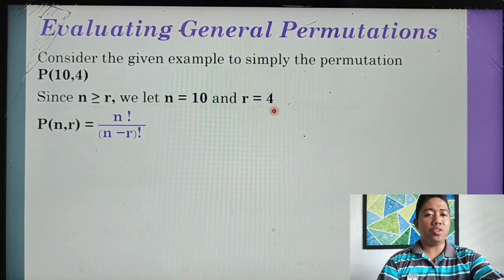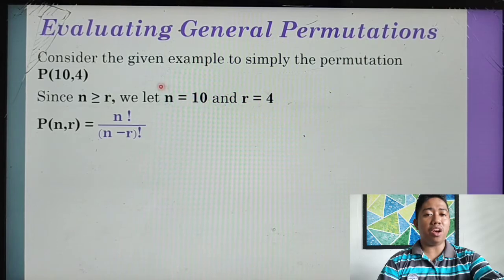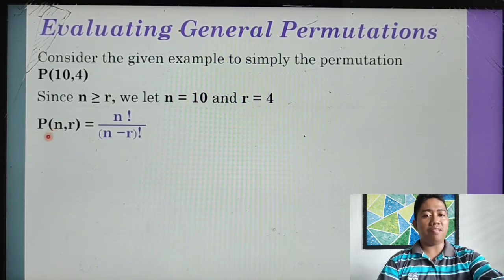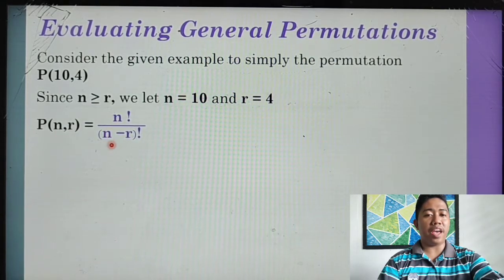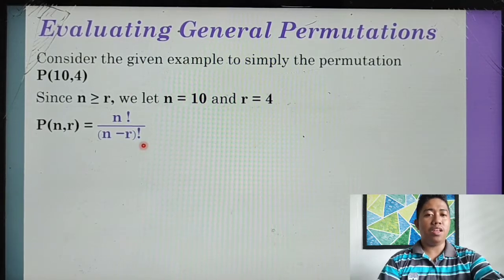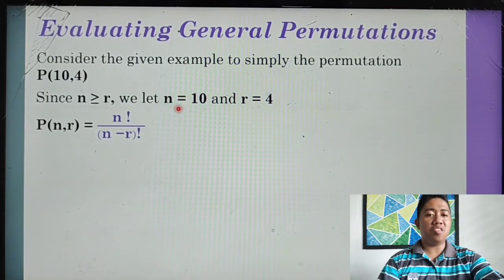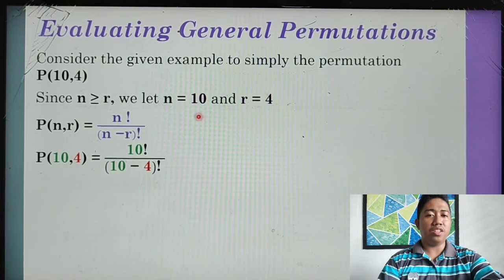In short, we will use the formula to evaluate this kind of general permutation. We have the permutation of n taken R at a time, which is equal to n factorial over the factorial of n minus R. What we are going to do is substitute the known values of n and R. We substitute n equal to 10, and also 4, which is the value of R, and then simplify the denominator, or the inside of the parentheses.